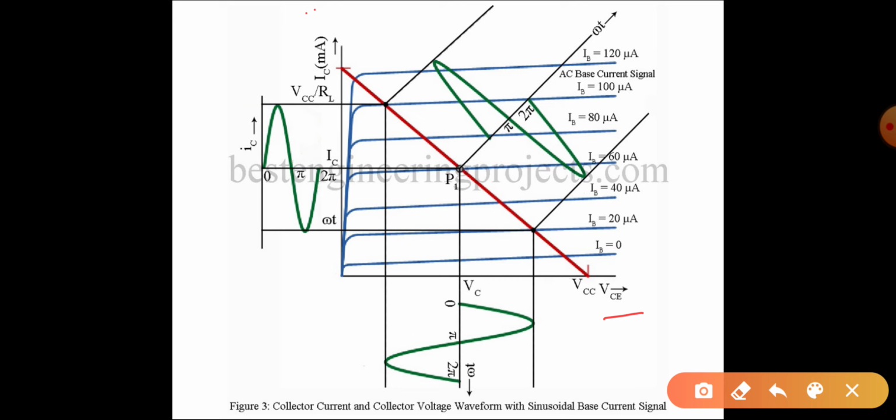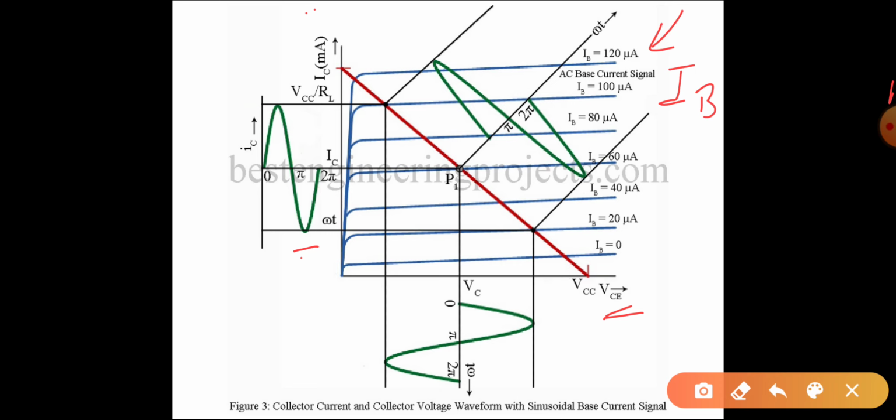So you can see at the y-axis the varying collector current, and at the x-axis there is collector to emitter voltage VCE, and here is the input current, that is base current IB.